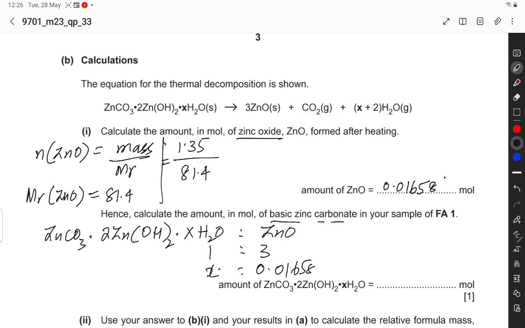The moles of this is 0.01658 divided by 3, which is equal to 5.526 into 10 raised to the power minus 3.